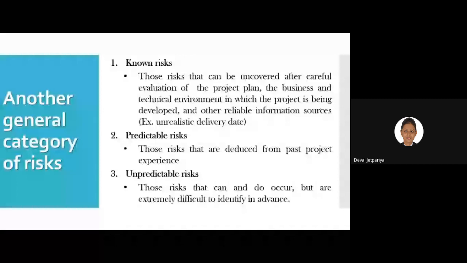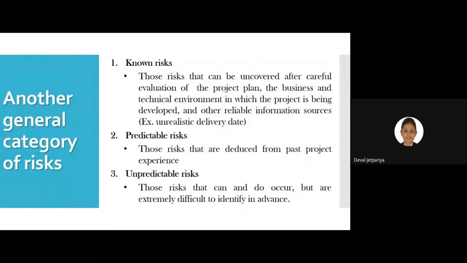Okay, known risk. So what is there in the known risk? Those risks that can be uncovered after careful evaluation of the project plan, the business and the technical environment in which the project is being developed, and other reliable information sources. For example, unrealistic delivery date. Say for example, initially we do very good planning, right?